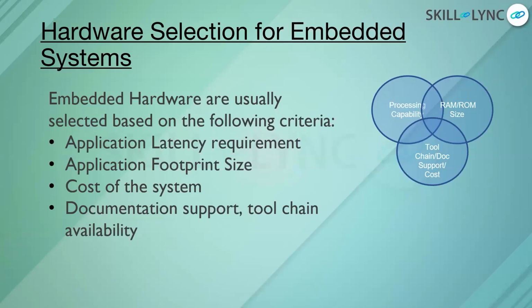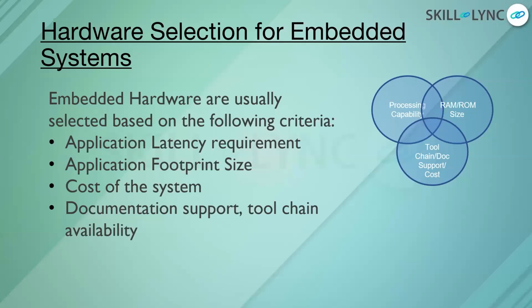If the tool chain is free, I can shell out some money on the hardware, that's okay, fine. But if I also have to buy a proper license on the tool side, then it becomes very difficult. And if we choose a controller which has very poor documentation support and the cost is also very high, then there is no point in using it.